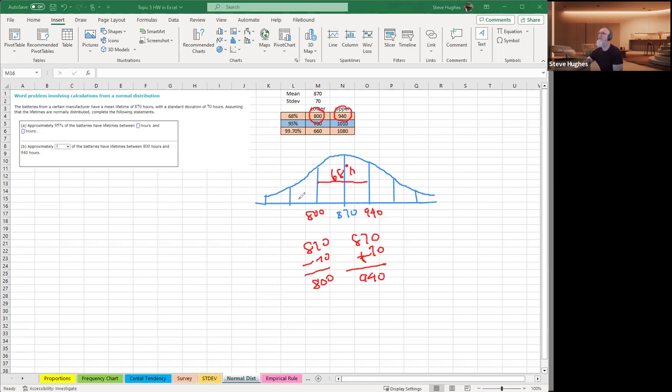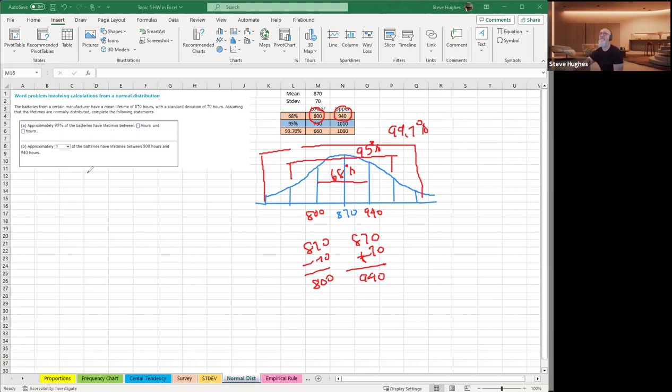This next is plus or minus 2 standard deviations, and this is 95% of the data. And the last one is this one: 99.7% of the data lies within plus or minus 3 standard deviations.